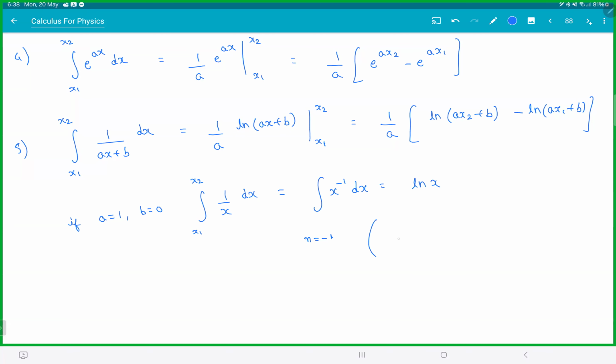So be careful here that the first formula is not valid. That is for n not equal to minus 1. So if n is equal to minus 1, we have to use ln x. This is ln x2 minus ln x1.